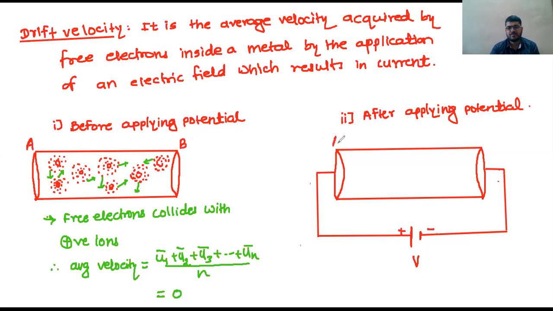This end is A and this end is B. Now, how will current flow? Current will flow from the positive terminal of the battery to the negative terminal of the battery. This is your current direction.